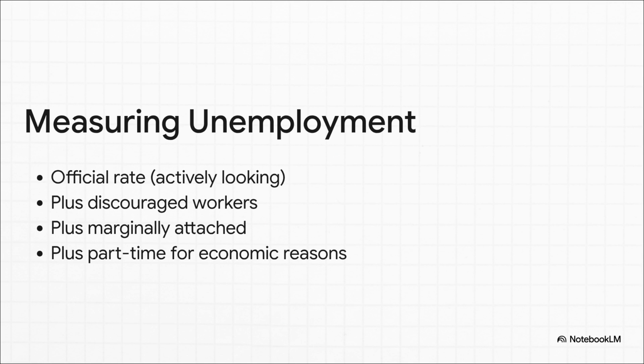The official rate completely ignores them. But when you layer in those discouraged workers, plus the marginally attached, and people who are desperately trying to find full-time jobs but are forced to work part-time for economic reasons, the picture gets much, much darker. The true, broader measure of human unemployment during that crisis actually topped a staggering 17%.